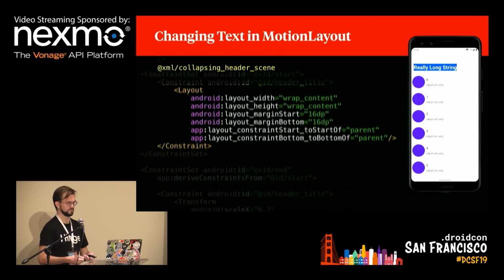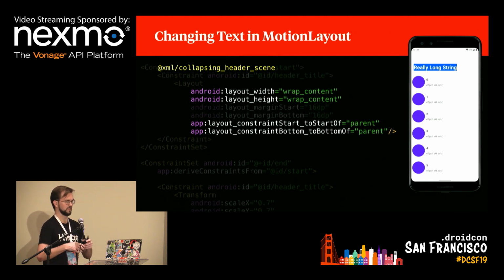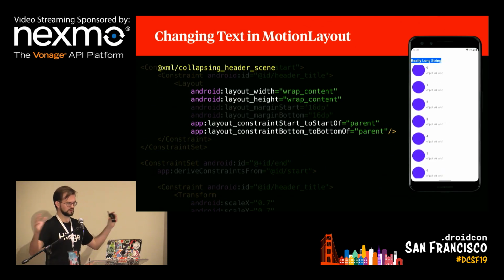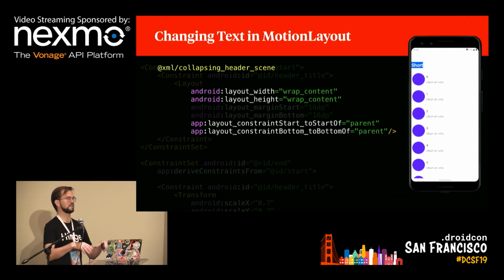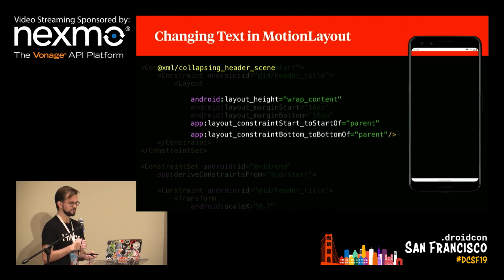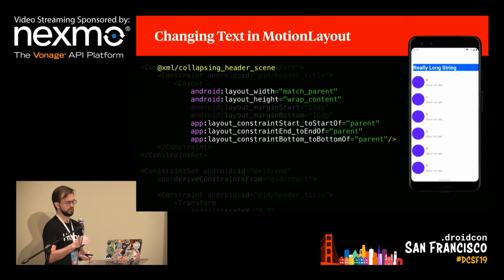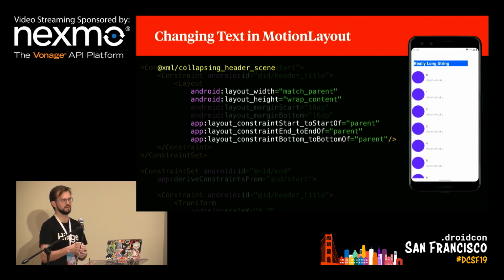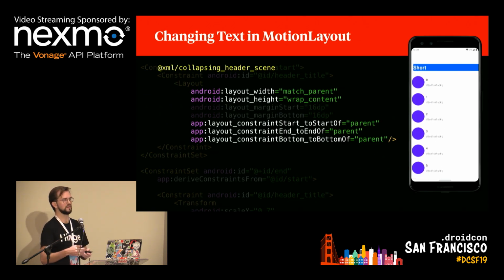So what I can do to solve for this, because motion layout, when it builds the scene originally, captures view properties and doesn't understand that a child's internal content is changing, especially text, is I can change this to match parent, and then the text view's size essentially stays the same no matter what text is actually changing.